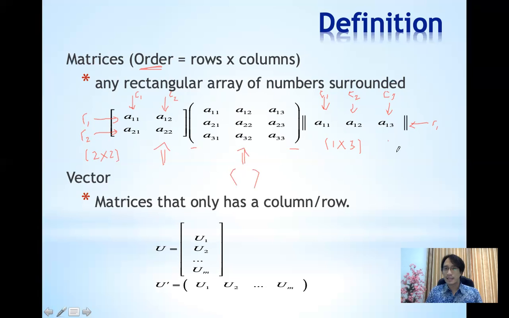But you cannot write a bracket with only one line, because this belongs to the determinant, the value of the matrix. We will learn about it later.